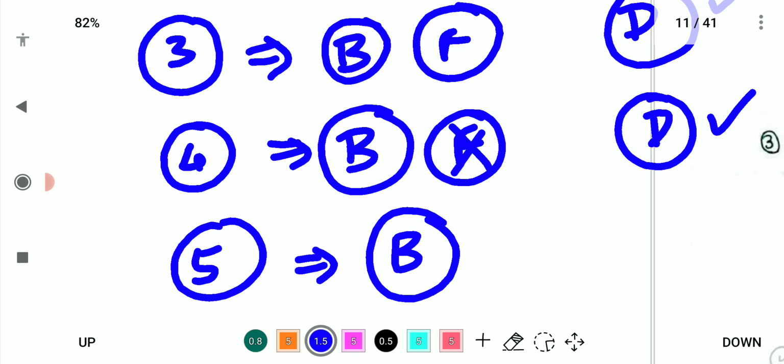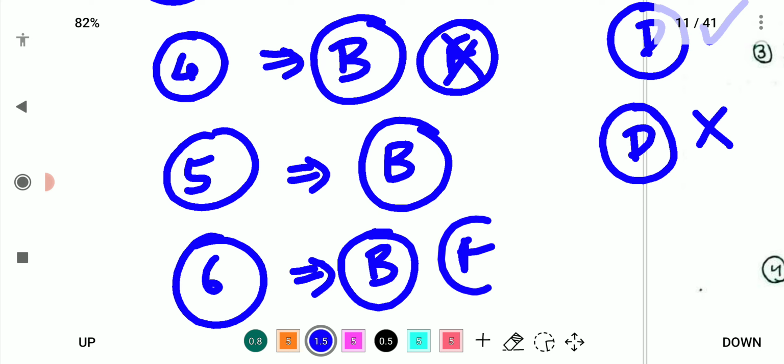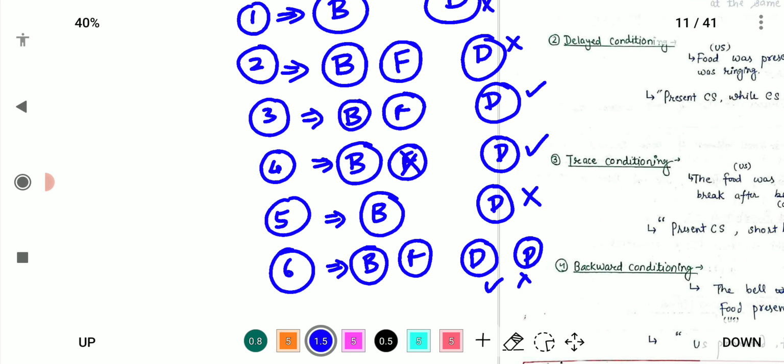After some time the dog loses this memory and does not react. After some time, if the bell and food jointly come, it may remember sometimes or it may not remember. Understood?